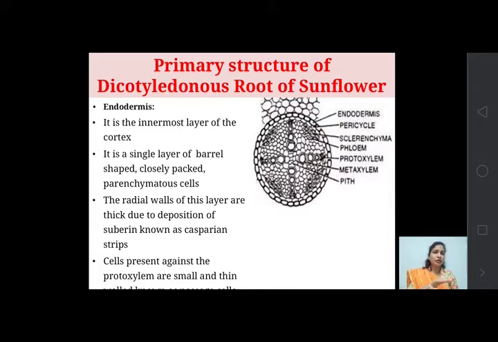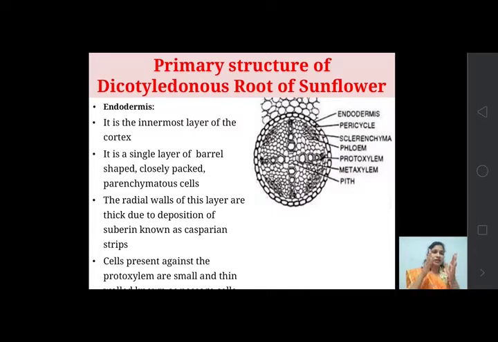This endodermis is the innermost layer of the cortex, that is where the cortex ends. It is a single layer of barrel-shaped cells, like the barrel of a drum. It is closely packed and made up of parenchymatous cells. Although they are parenchymatous cells, the cell wall of these tissues is somewhat thick at the radial walls.